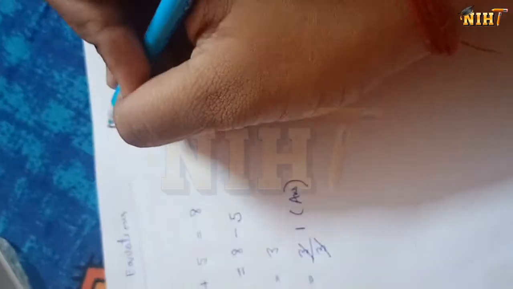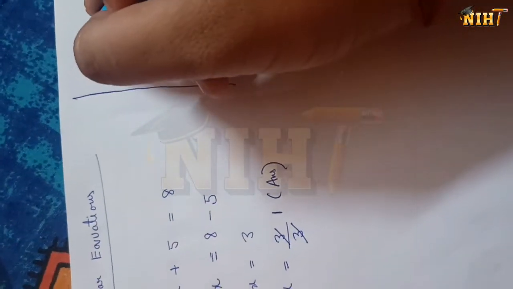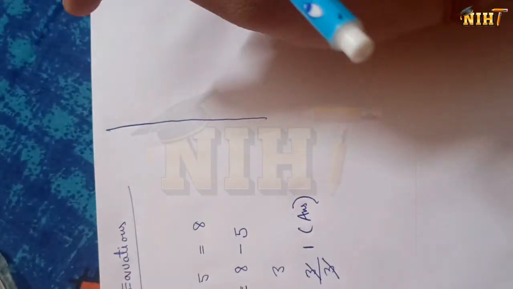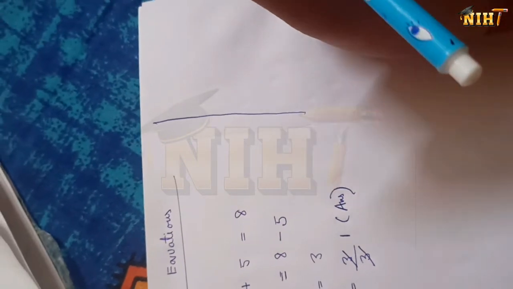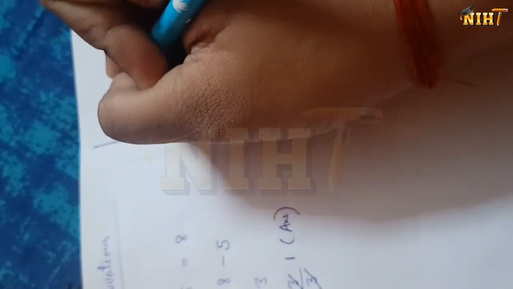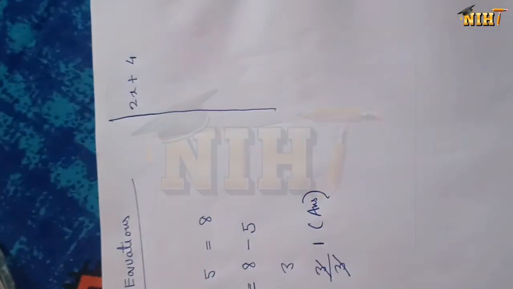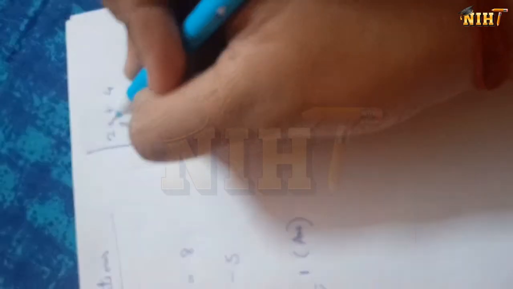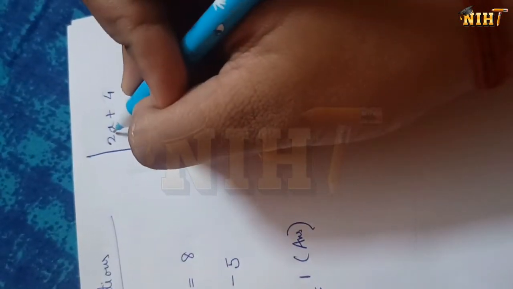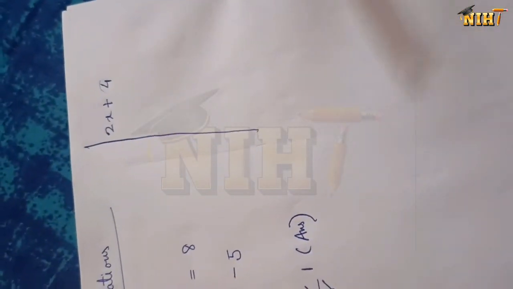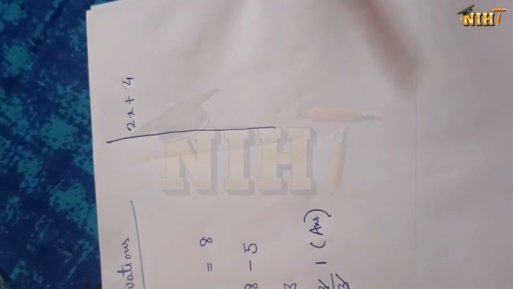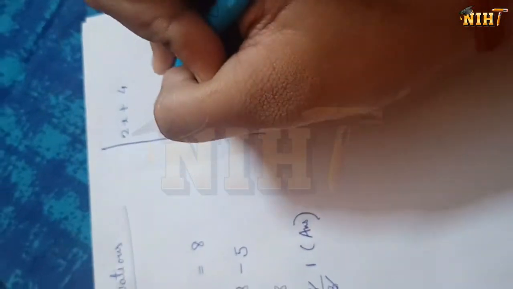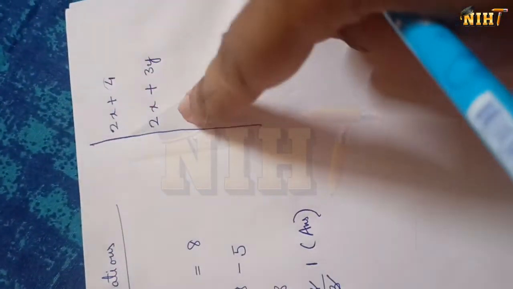One thing I think you all know: in case of addition and subtraction, suppose 2x plus 4, will it get added? No, because in algebra 4 does not have a variable and 2x has a variable. Only if it has exactly the same variable will both be added. Suppose 2x plus 3y, will it also go?